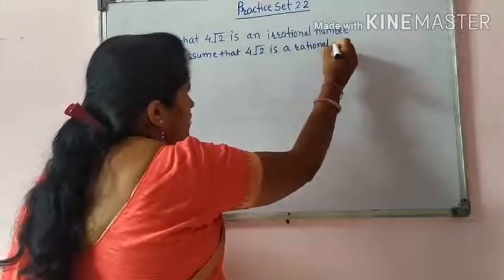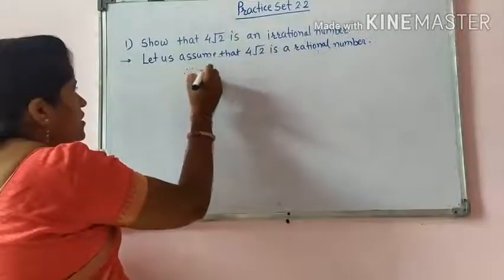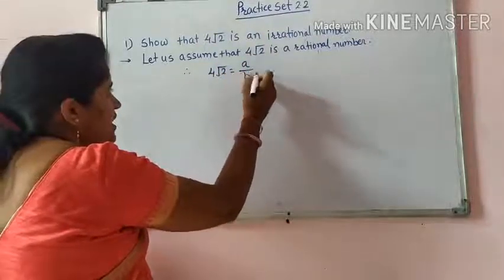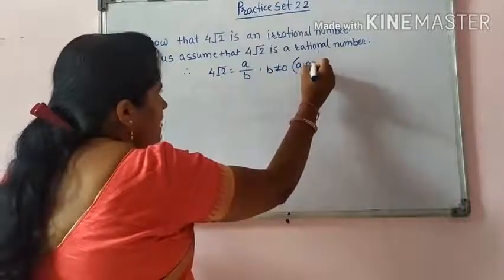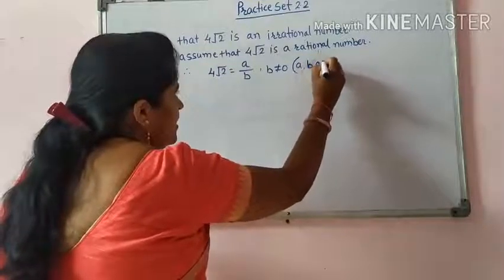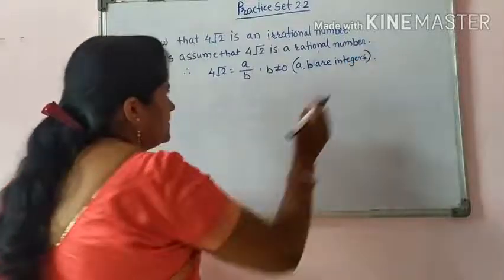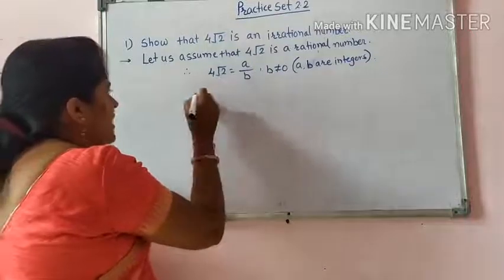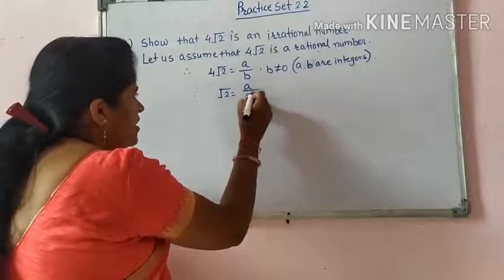Therefore, 4 root 2 is equal to a upon b, where b is not equal to 0 and a, b are integers. Now take this 4 to the right hand side. Here root 2 is equal to a upon 4b.